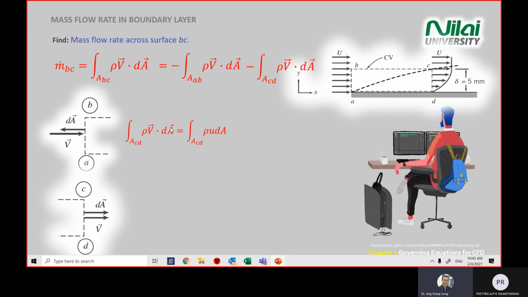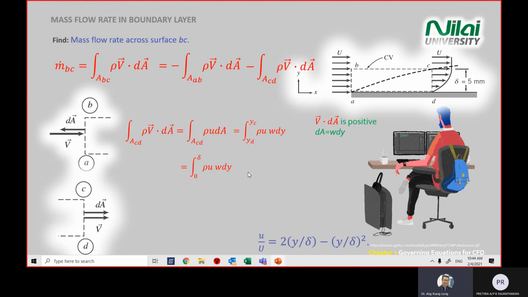So rho v dot dA, we can write as rho u, substituting your v vector with u dA, and then you substitute the boundary condition for CD. For CD, you integrate from D to C. Again, we are seeing the delta, the thickness of the boundary layer here. So we integrate from 0 to delta, and then you follow up with the mathematical calculation.